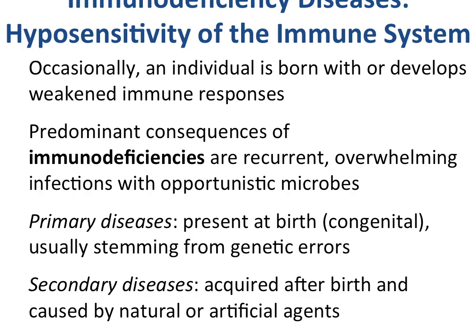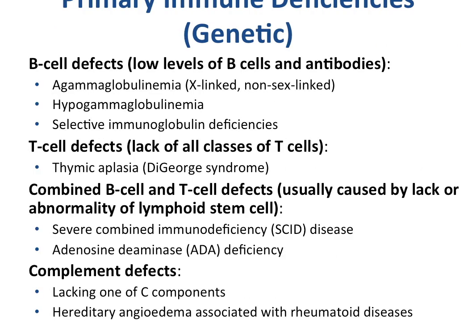We have primary immunodeficiency and secondary immunodeficiency. Primary means the patient has the immunodeficiency at birth, a problem induced by a genetic error. Secondary immunodeficiency is induced by natural or artificial agents, such as infections or medications.